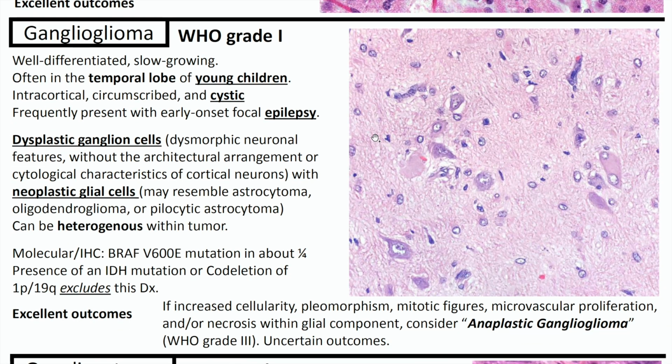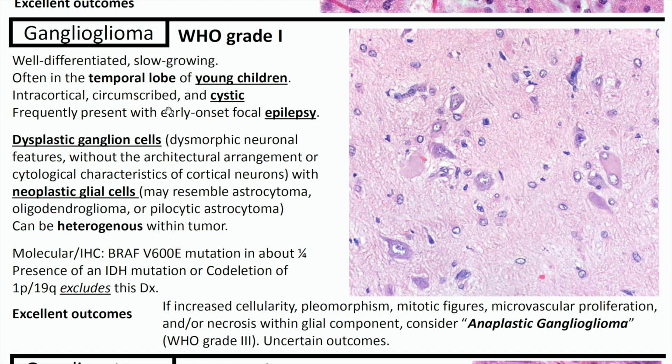Next up we've got ganglioglioma, WHO grade 1. So this is a well-differentiated, slow-growing lesion, often in the temporal lobe of young children. Also can have a cystic appearance and frequently presents as well with early onset epilepsy or seizures. Histologically, you're going to see dysplastic ganglion cells with dysmorphic neuronal features without the architectural arrangement or cytological characteristics of cortical neurons, with neoplastic glial cells.